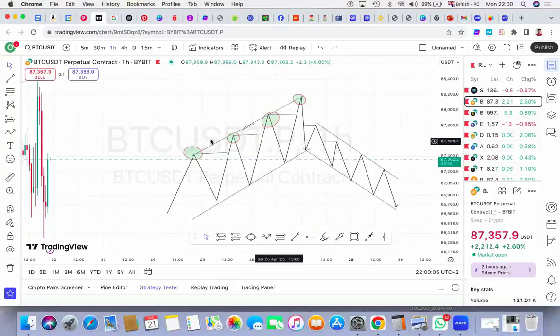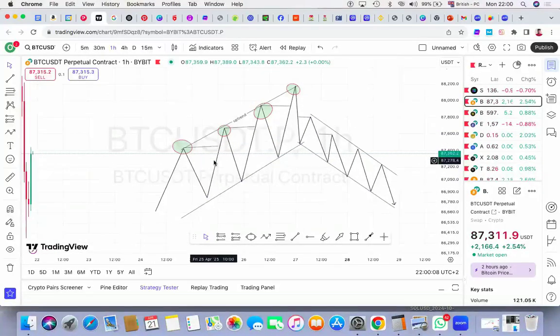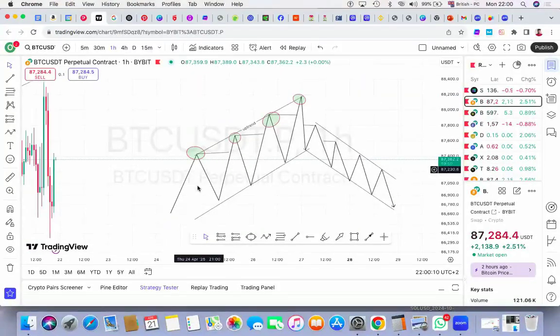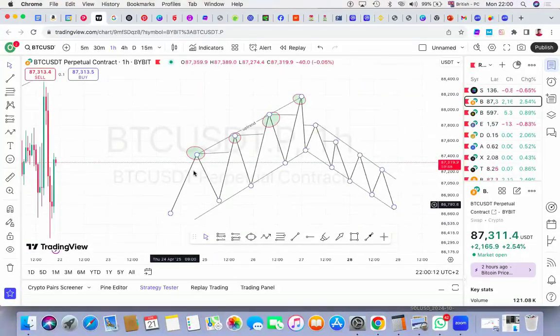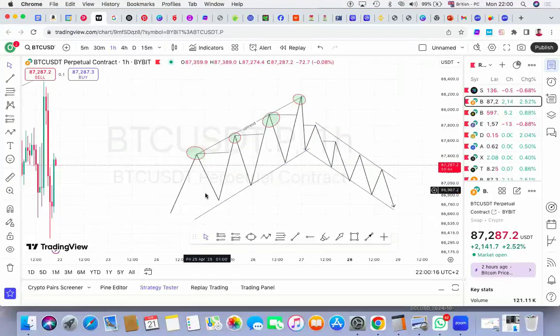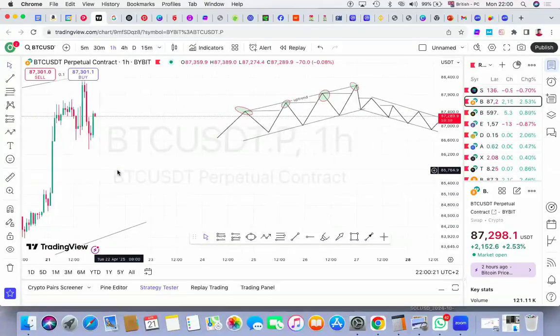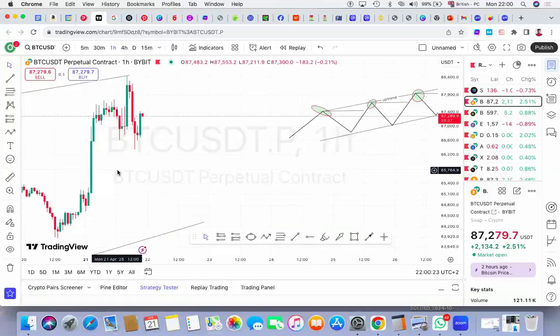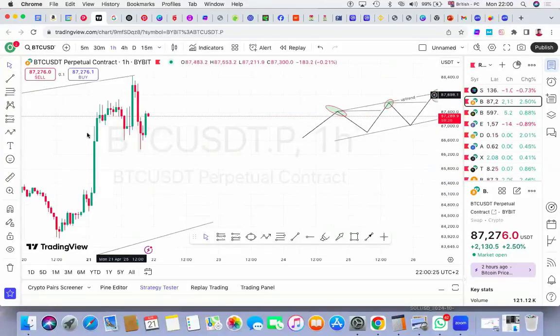In the upside scenario, what we always have in the market is an impulse move to the upward side. Let's just analyze this area here.